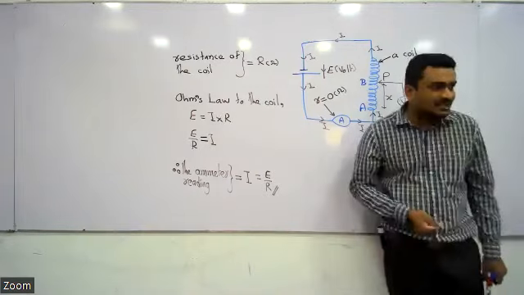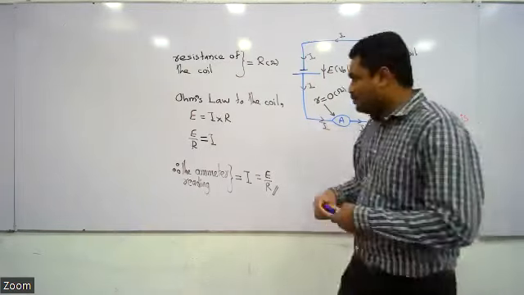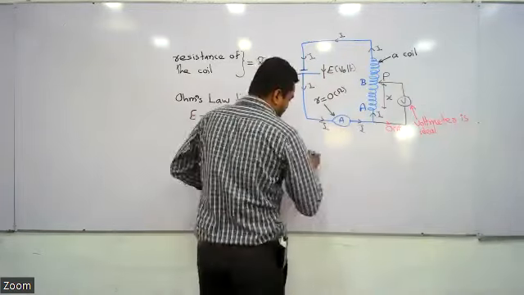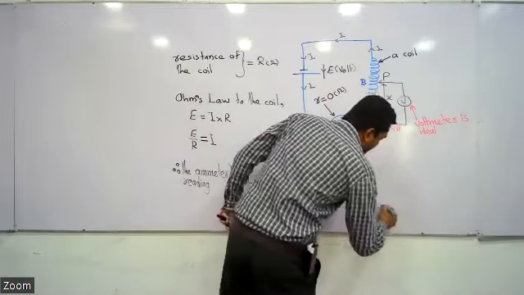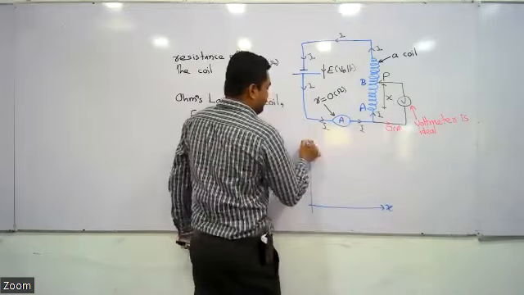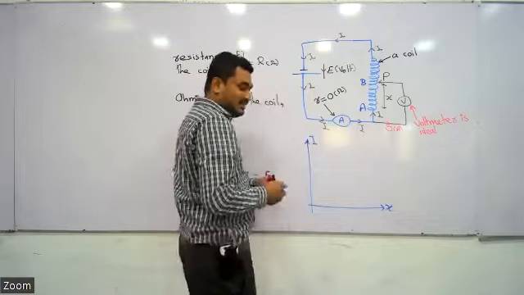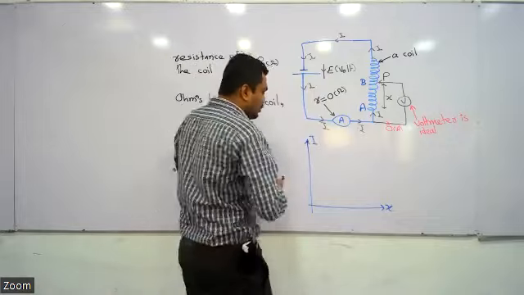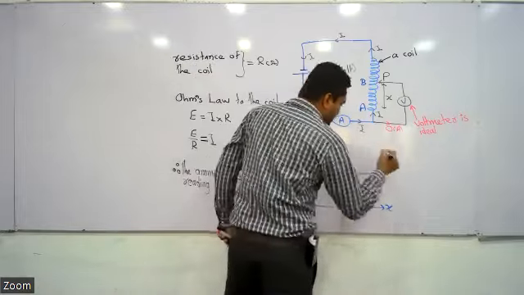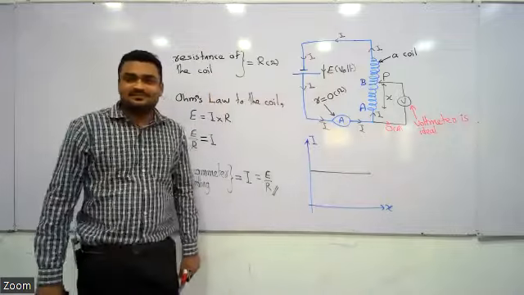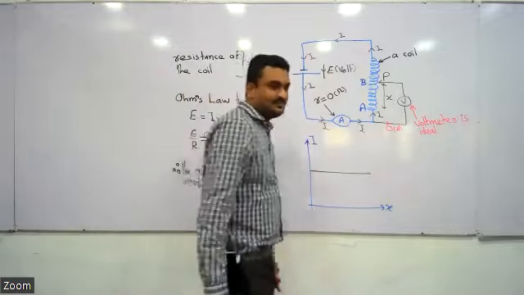Therefore, the current is constant. So what should be the graph of the current here? If this is x, if this is the current I, the current should be constant. That's it. Right.